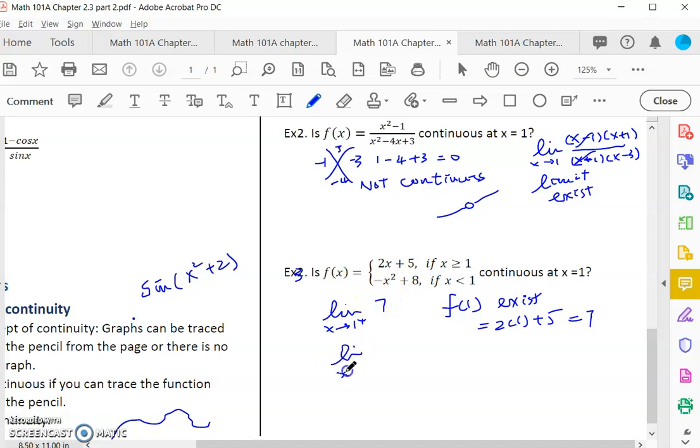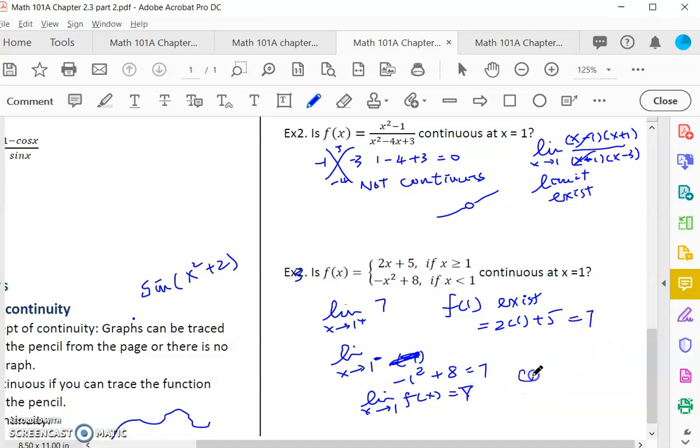But the limit as x approaches 1 from the negative side would be -1 squared, which is 1, plus 8 hmm, that's 9? No, that's 7. So the limits agree. So the limit as x approaches 1 of f of x is actually equal to 7. And they are the same as f of 1.